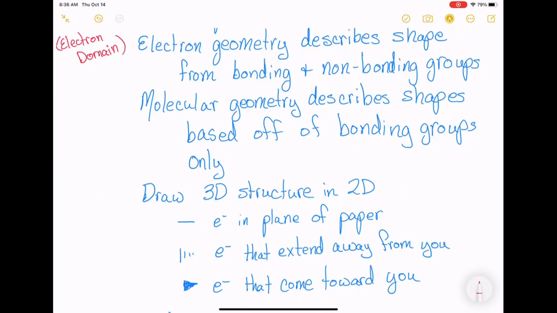So that's how we're taking something that is 3D and making it 2D. In the plane is a straight line. Going away from you is going to be the dashed line, and coming towards you is going to be the darkened in wedge.